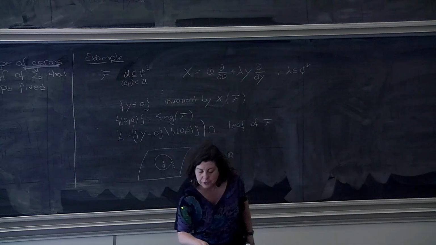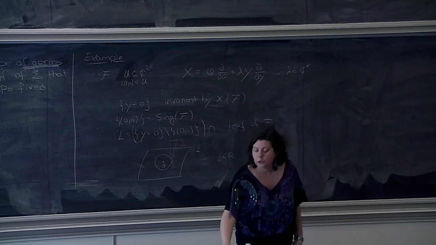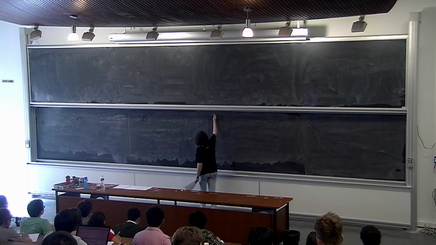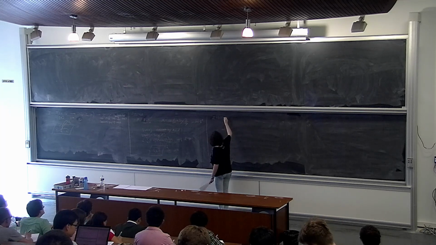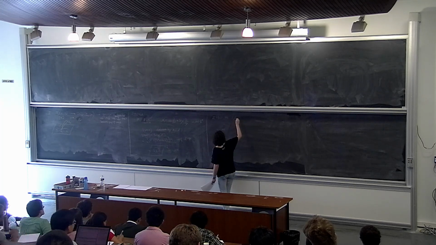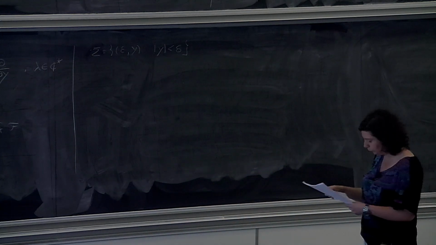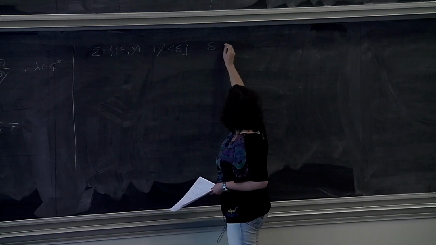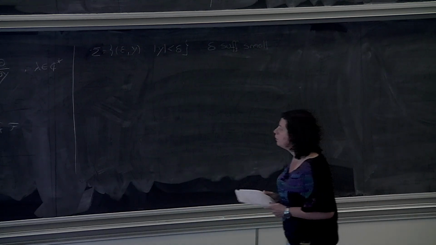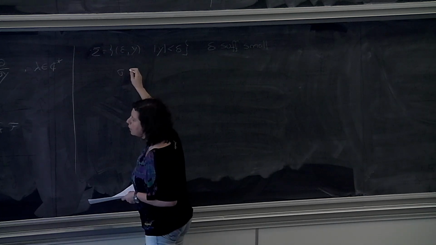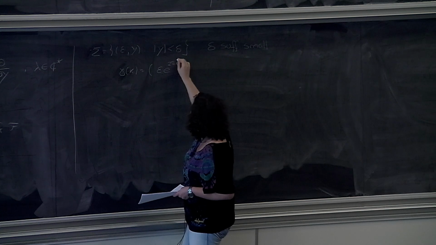And I will consider here a transverse section to the leaf through this point. I can assume that this transverse section is constituted by points (epsilon, y) such that the modulus of y is less than an arbitrary small delta, so that it is totally contained in U. This loop I can parameterize as epsilon e^{2 pi i k}.